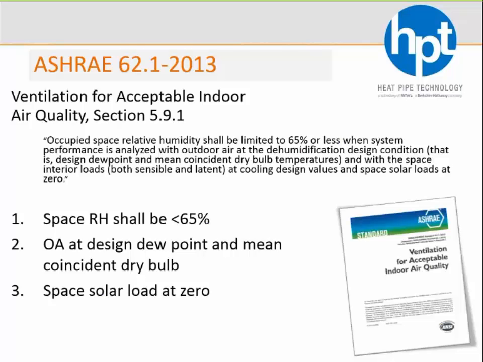So basically, your design condition is a warm, rainy day. You have to design your air handler without any solar loads or loads in the space to dehumidify and deliver air below 65% relative humidity, which is very hard to do when you're designing your conventional air handler.